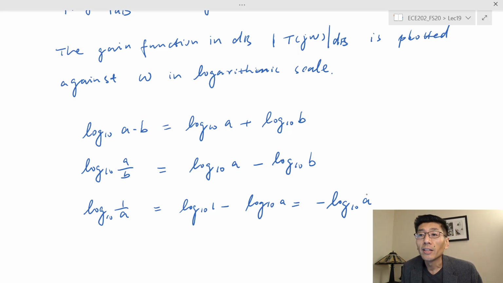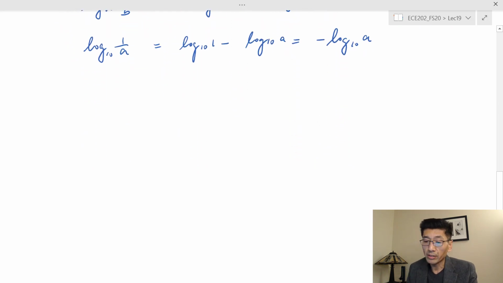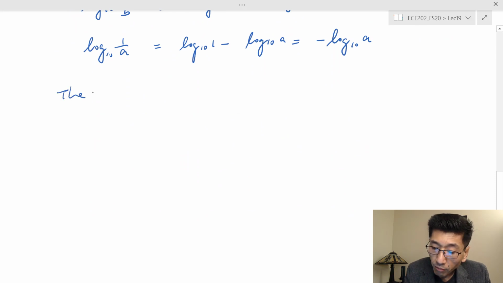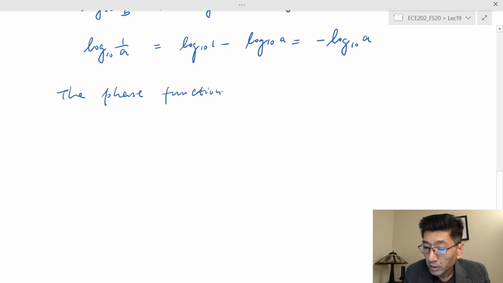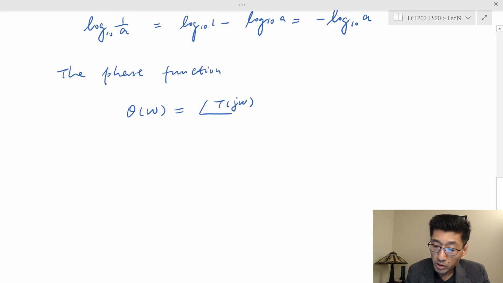So you plot this against the angular frequency omega, and we also plot the phase. The phase function is basically the angle, or the argument, of T(j omega). We denote that as theta of omega, which is just the angle of T(j omega), right? So let's say we have a very simple transfer function, which we're going to look at later.